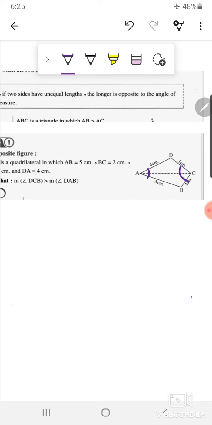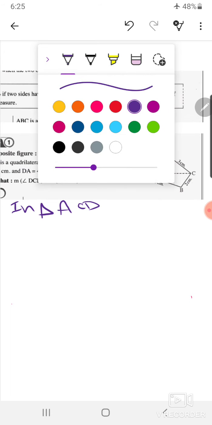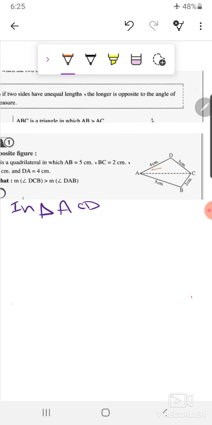I want to prove this angle is greater than the other. First of all, I will make the two triangles. The first is triangle ACD. Which one is greater in length? Of course, 4 cm is greater than 3 cm.